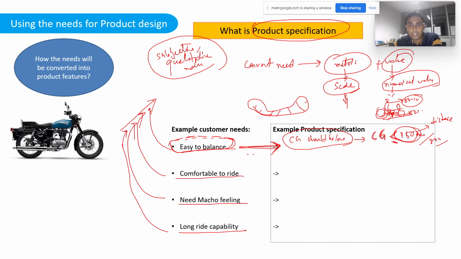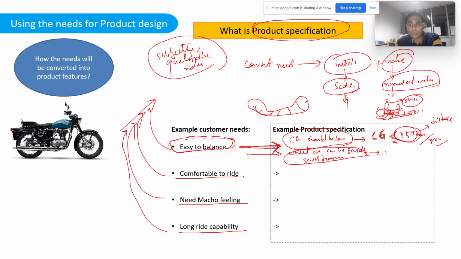Similarly, for ease of balance, probably the wheelbase can be smaller, so that you can have a smaller turning radius. Now I cannot just say smaller. The goal is to have a smaller turning radius, but how small?